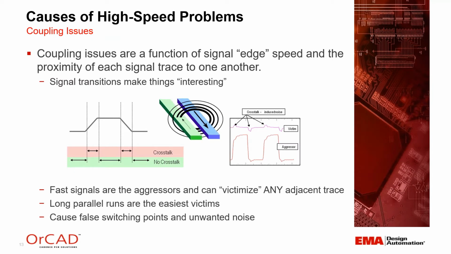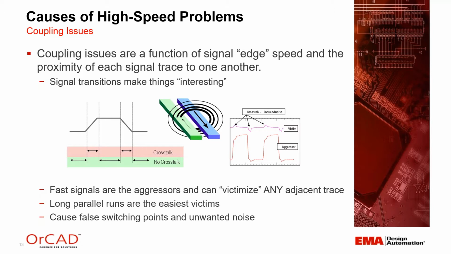Looking at coupling issues, coupling is basically a function of the edge speed, or edge rate, of a signal and the proximity of traces to one another. Normally you can combat trace spacing issues with a valid set of constraints in your layout tool, which I'll go into in the demo in a little bit. But most of the problematic or interesting errors in coupling occur from the rise and fall rates of your signal transmissions.